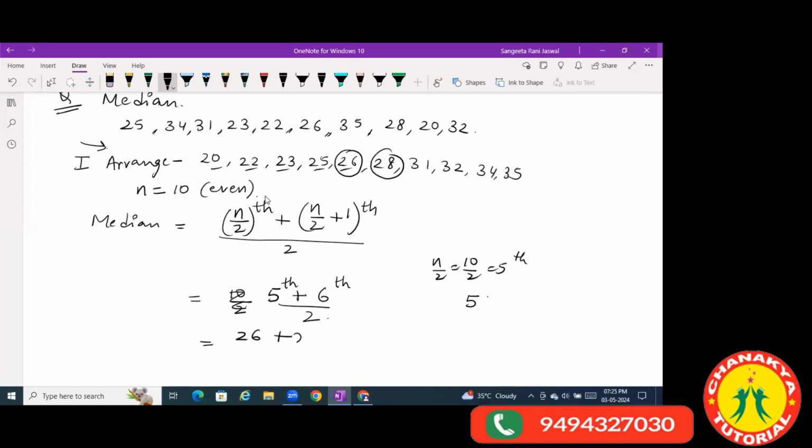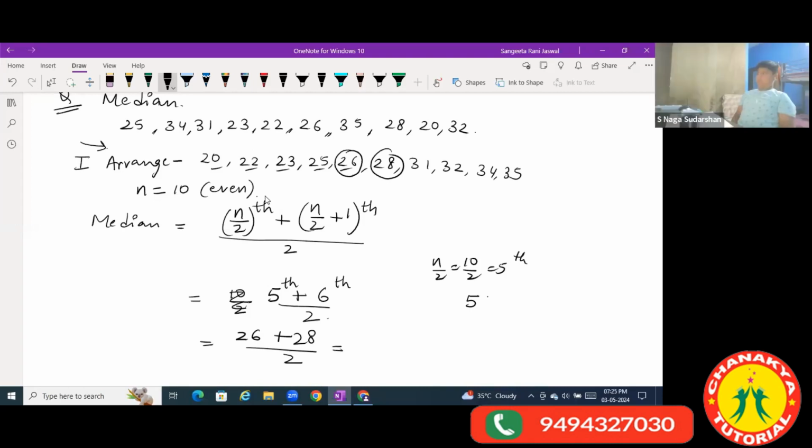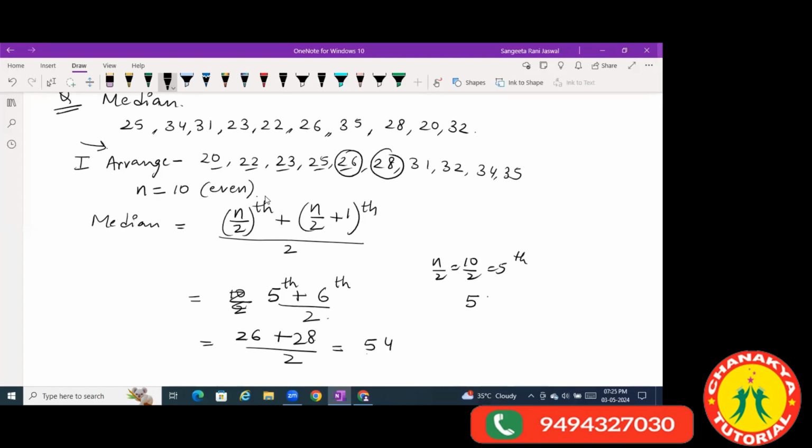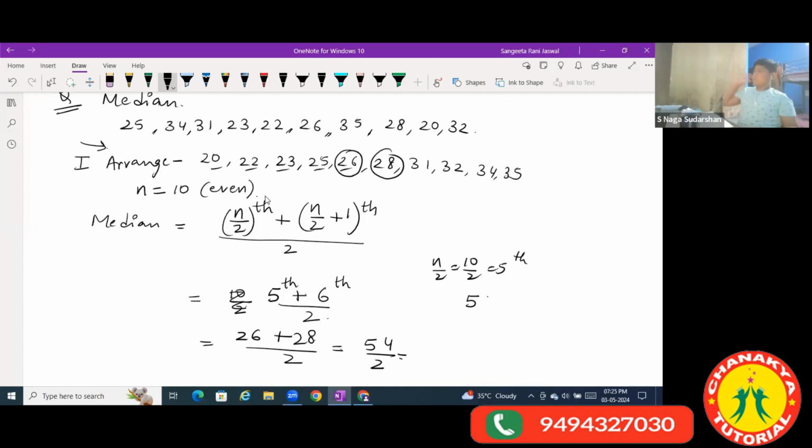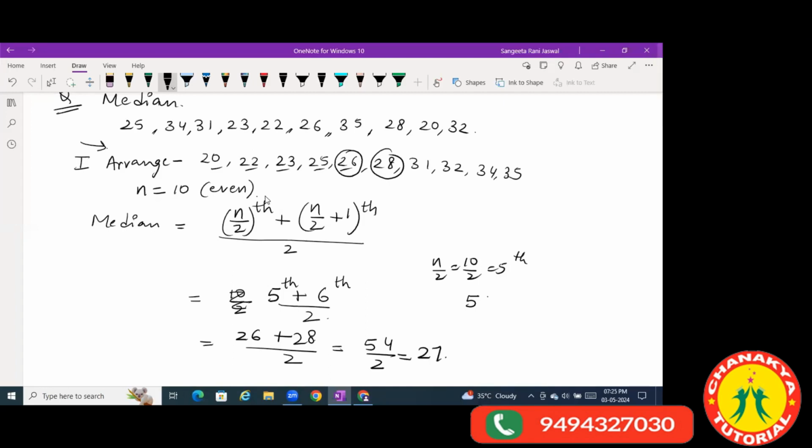I write 28 here. Divide by 2. So this is the mean of the 5th and 6th term. Are you understanding? Yes. So 26 plus 28 will be 54, 54 by 2 is equal to 27, right? Yes. Okay, so the median of this is 27.